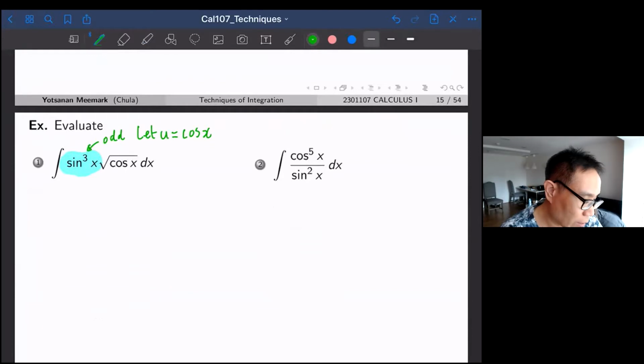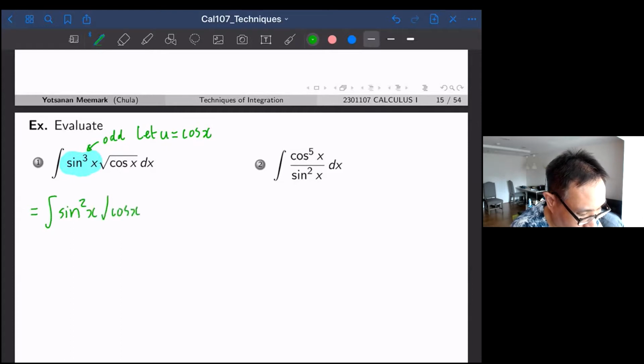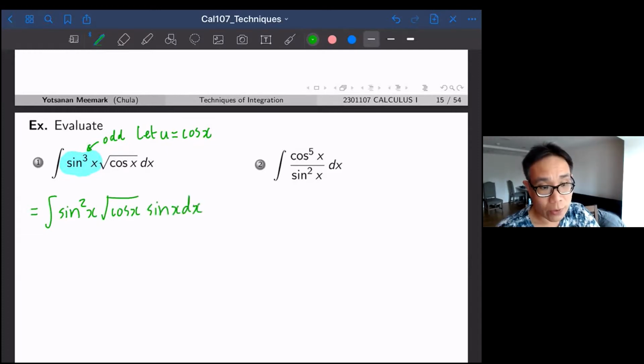The next thing is that you may write this in terms of sine. So it's going to be sine squared x times square root of cos x, and you have one sine x here together with dx. Why did I do this?